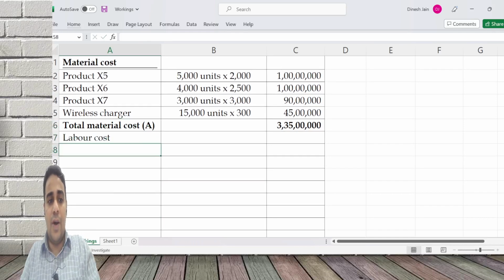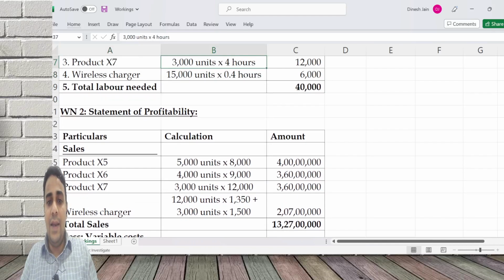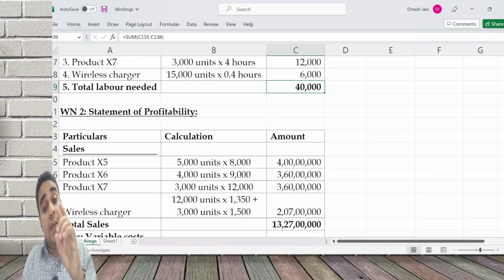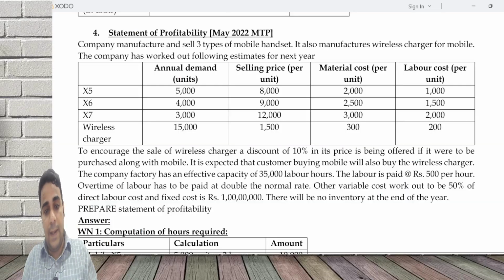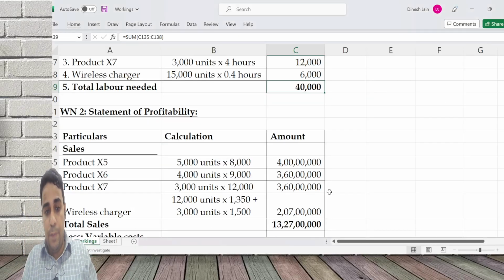Listen, labor costs, I'm not going to do product wise. What I will do is calculate this 40,000 hours. In this, 5,000 hours is normal time, for which you pay 500. The extra, you pay double of 500.